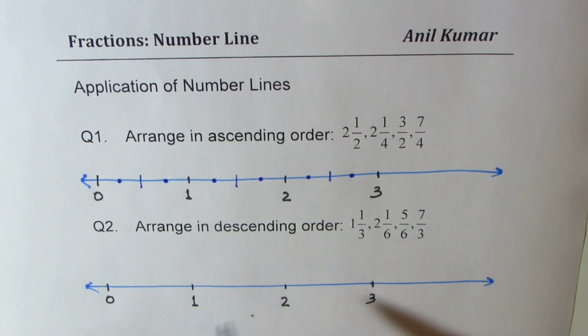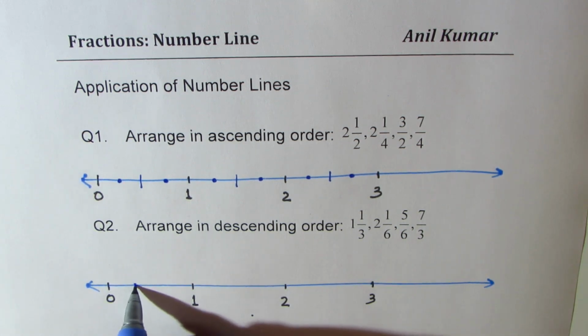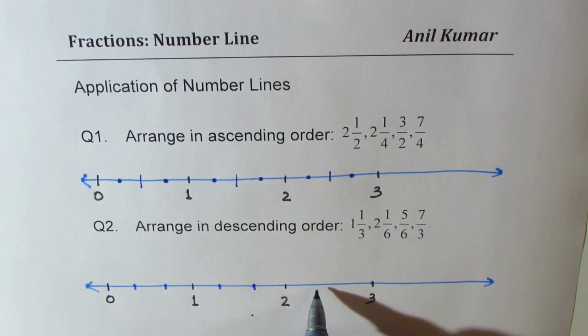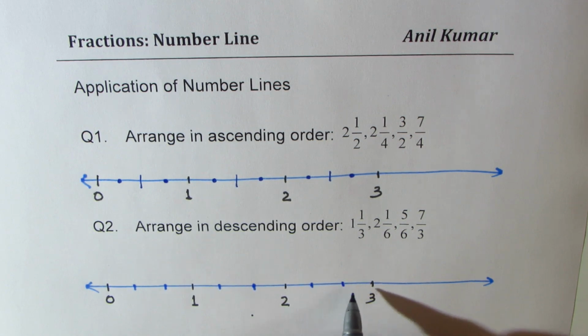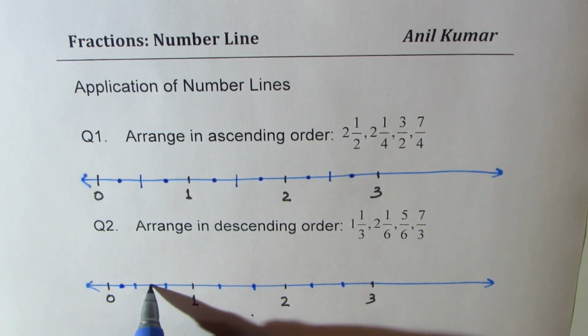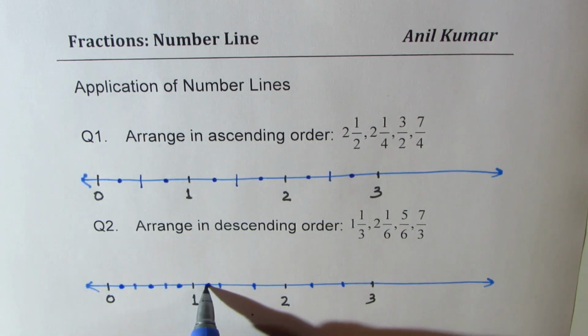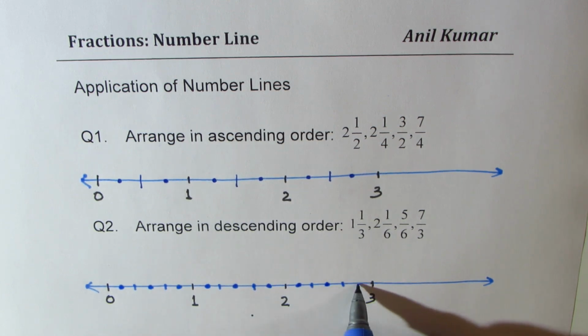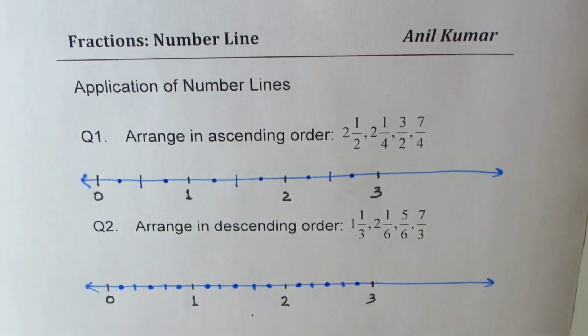So let's do it in 1/3 first. So let's say these are our 1/3. And half of these will be 1/6. Does it make sense to you? Now place the numbers and get your solution.